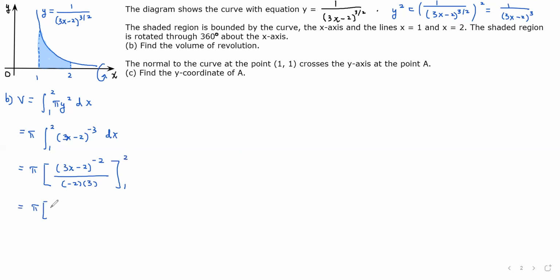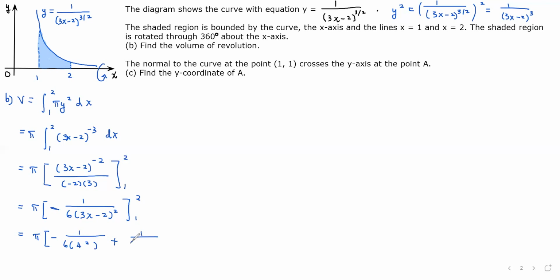And that will give us negative 1/6 times 1 over (3x minus 2) squared from 1 to 2. Now we need to evaluate this. So we keep the pi, and then you replace x with 2 first. So that is 6 minus 2, which gives 4 squared, minus this. So this will become plus because this is negative here.